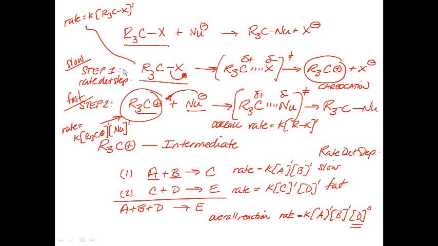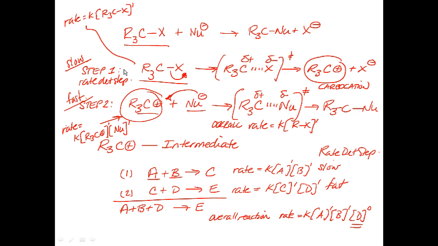Okay. And so from the kinetics, people determined or proposed the idea of this reaction. They proposed that this is a two-step mechanism where we have a carbocation intermediate, and that the first step, the formation of that carbocation intermediate, is our rate determining step.